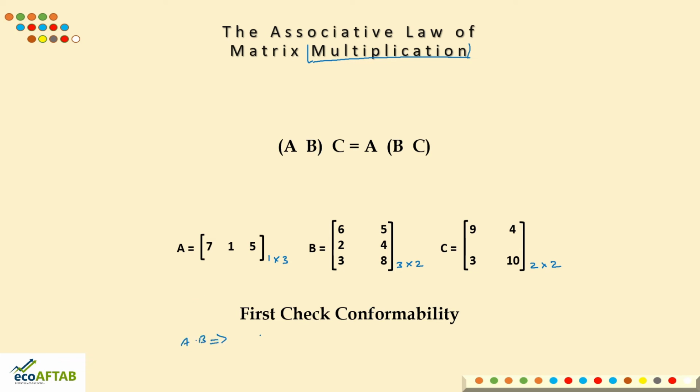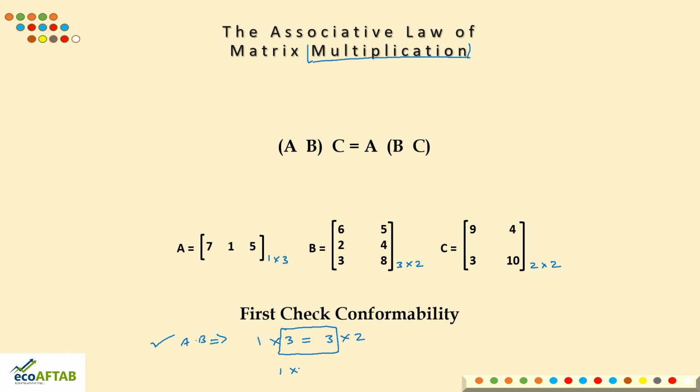For this, check the dimension. 1 by 3 and 3 by 2. The number of columns is matching with the number of rows, so we can multiply A into B. And what is the new dimension we are going to get of AB matrix? The new dimension is going to be 1 by 2.